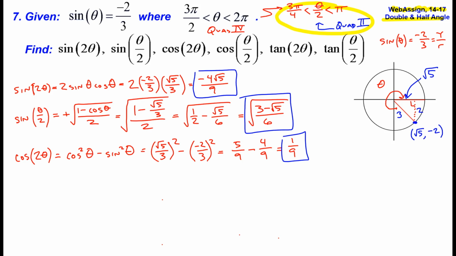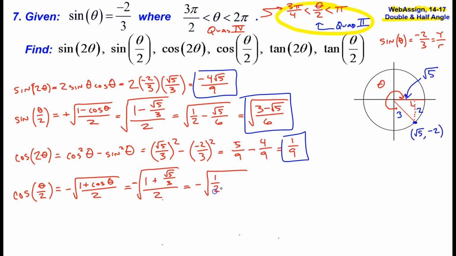Let's now look at the cosine of theta over 2. And remember that in quadrant 2, the cosine is negative. There you go, folks, cosine of theta over 2. Now we're moving into tangent of 2 theta and tangent of theta over 2. You have a couple options here.